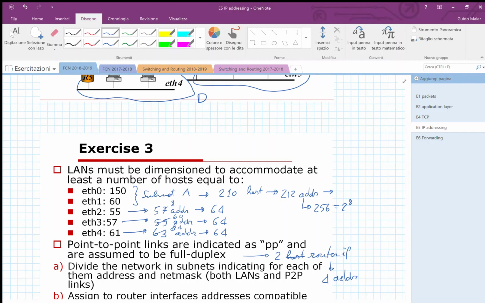So now that we have cleared this, we can start splitting the network space in order to create the subnets. We will have a first split that creates subnet A, then a further split to create subnets B, C, and D, and then another one to create the point-to-point links.